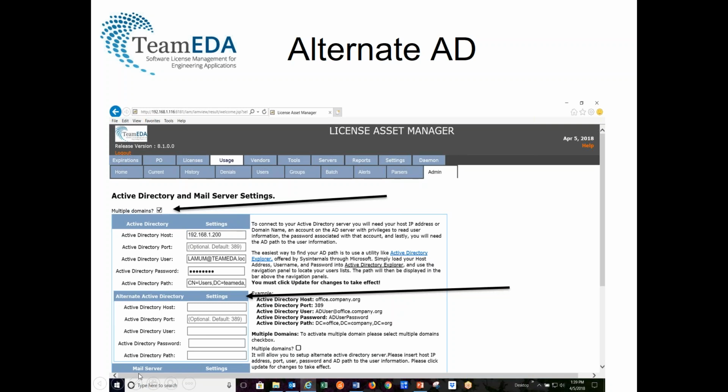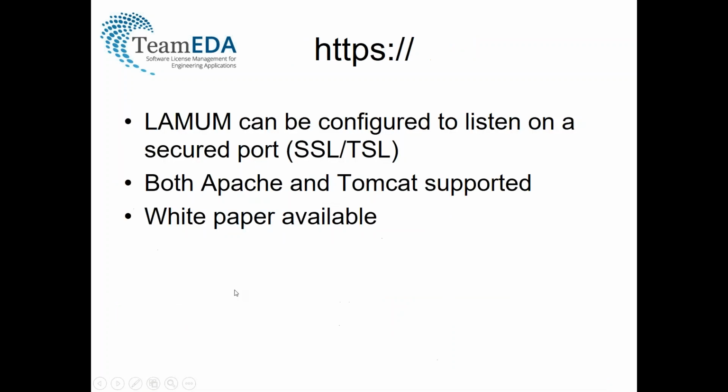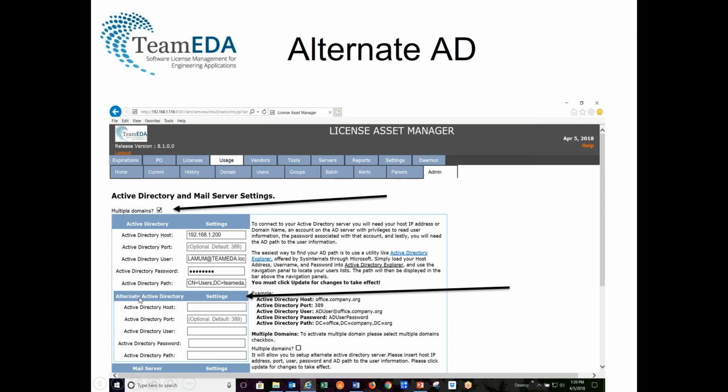You click that, and then you get another box; you can see that it pops up another alternate Active Directory box. So you put in that information here, and then when it does an Active Directory search, it will look into the primary Active Directory first. If it doesn't see the name there, it'll go to the alternate Active Directory and see if it can find the name there. And no, we don't have a third or fourth.